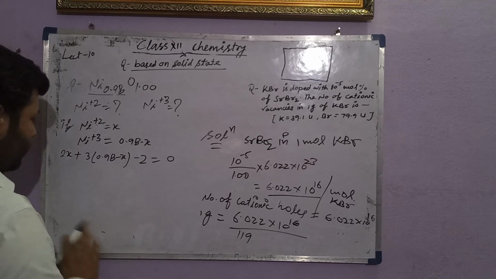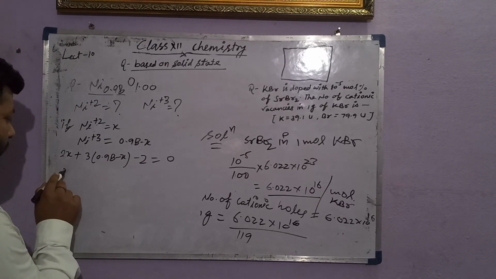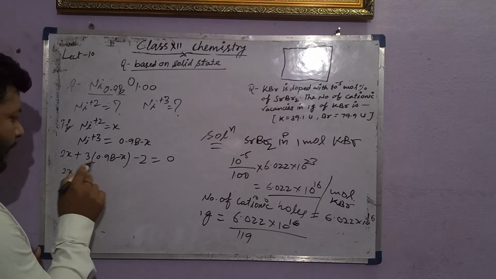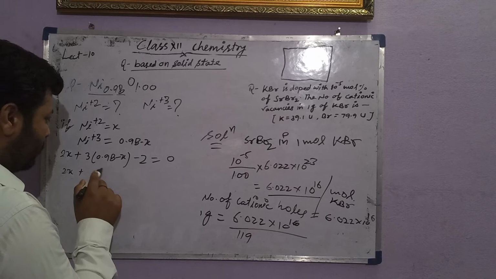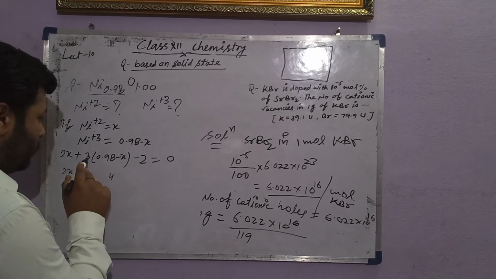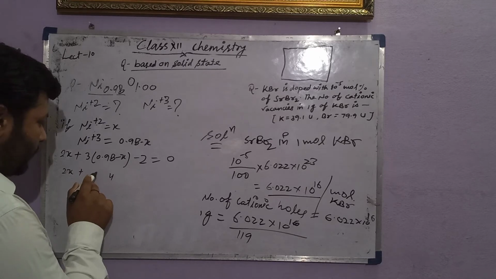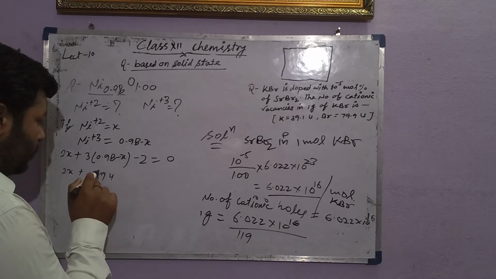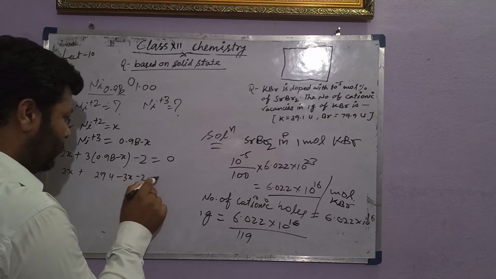So how do we solve? 2x, and 3 into 0.98 is 2.94. So 2.94 minus 3x minus 2 equals 0.